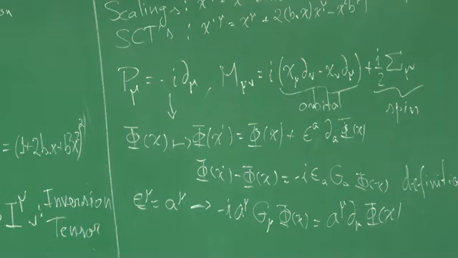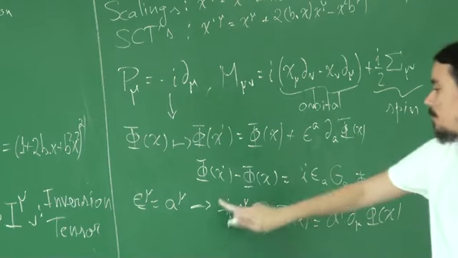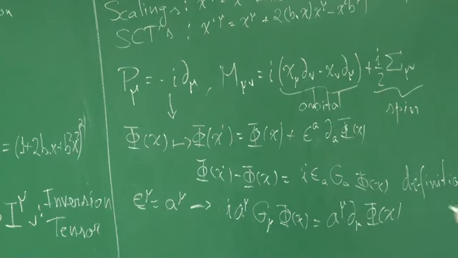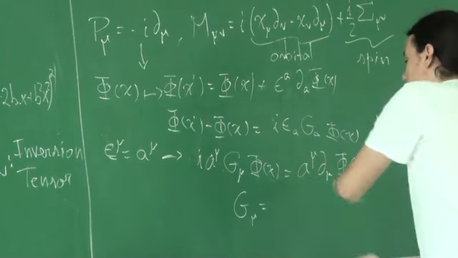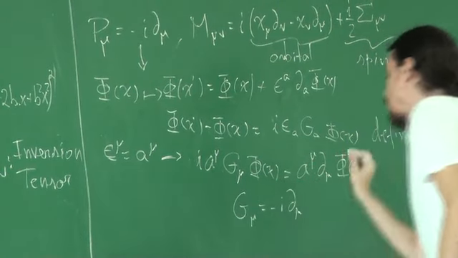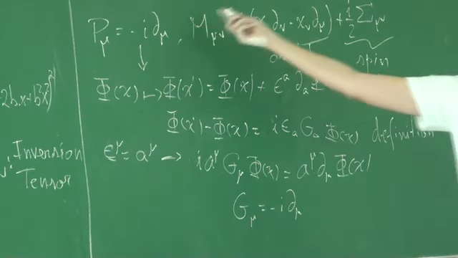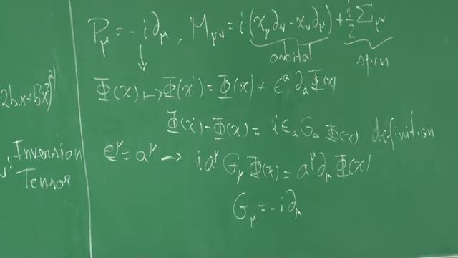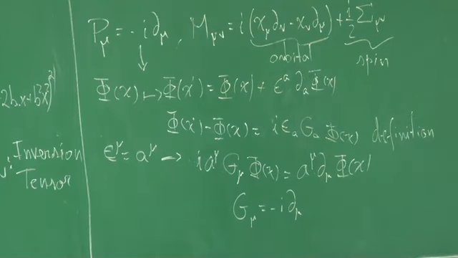And just compare this guy. I think the definition is this, because then we have this here. When we compare, we'll see that the generator is just minus i times the derivative d_mu, for the translations, which we usually call just the momentum. This G_mu we call P_mu. So that's the general procedure.